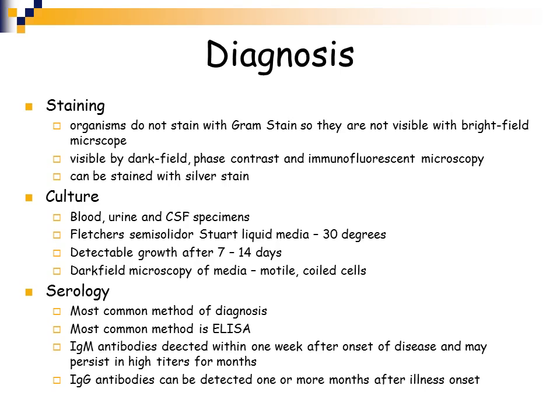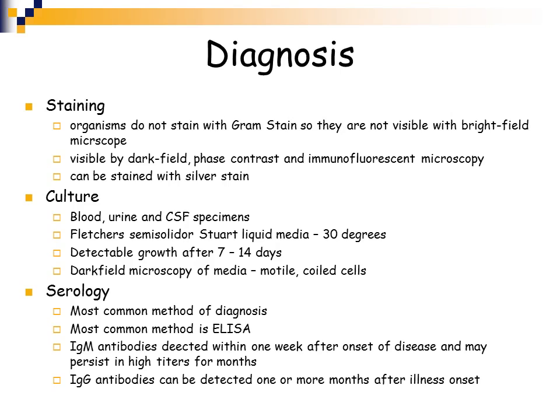Now, since Leptospira is a spirochete, these organisms don't stain with gram stain. So these are not organisms that you're going to put on a slide and do a gram stain and look under the microscope. You can't visualize them under a typical bright field microscope. They're only visible through either dark field microscopy, phase contrast microscopy, or immunofluorescent microscopy.